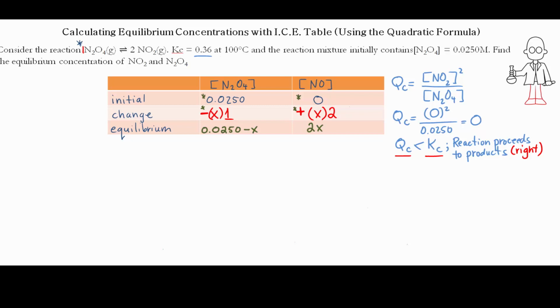So when I write out Kc for this reaction, I need to take this row that has the equilibrium concentration expressions, which would be the concentration of NO2 squared divided by the concentration of N2O4.